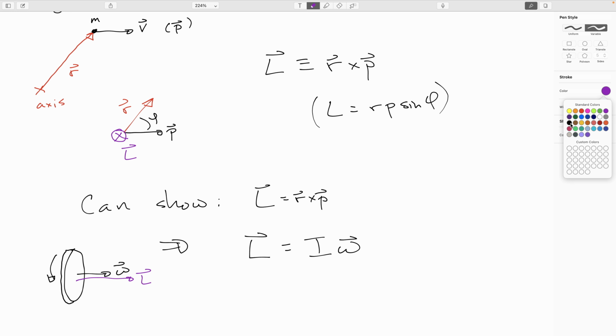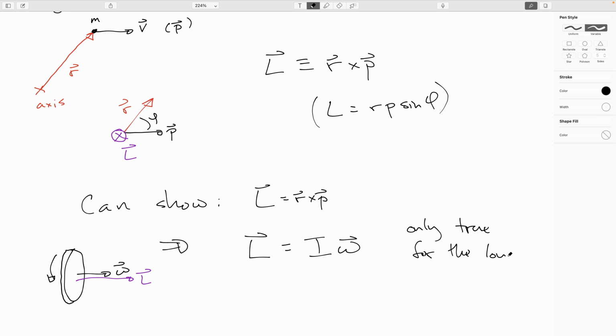Now, an important caveat here is that this is only true for the long and short symmetry axes of the object.